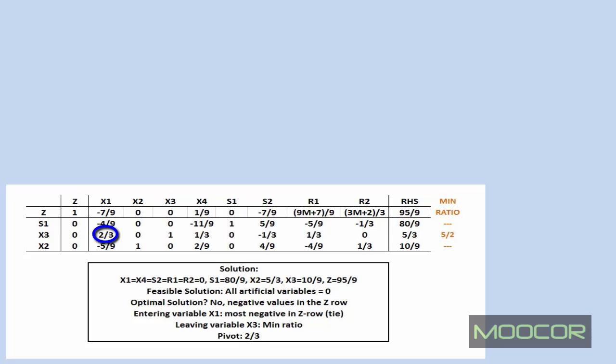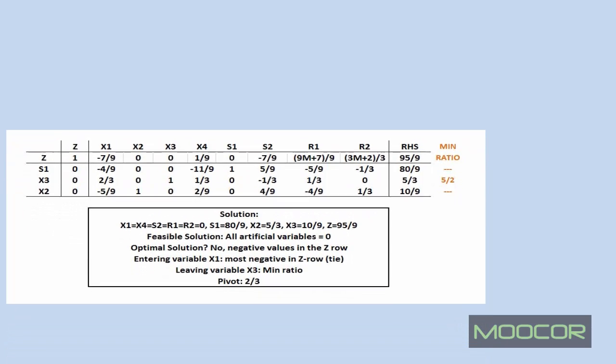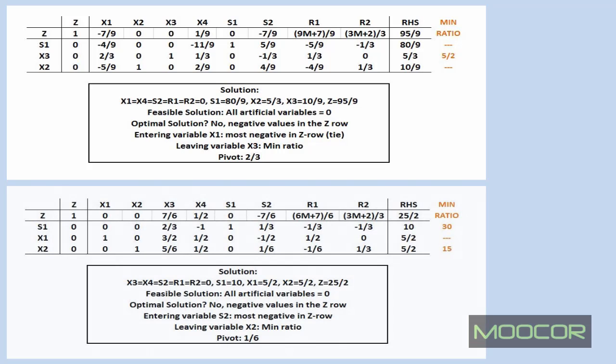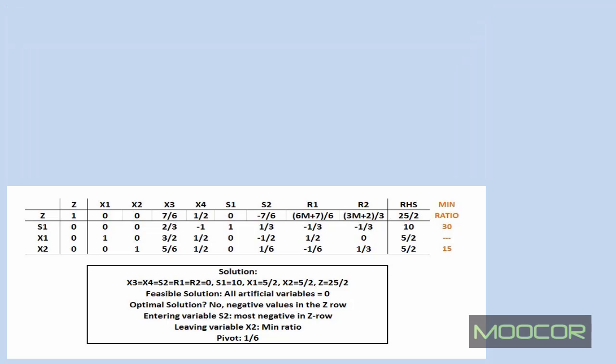Performing our operation, x1 enters into the basis, x3 leaves the basis, and the new solution becomes S1, x1, and x2. Again, as I'm looking at the solution, I notice that there is a negative value in the Z row under S2.